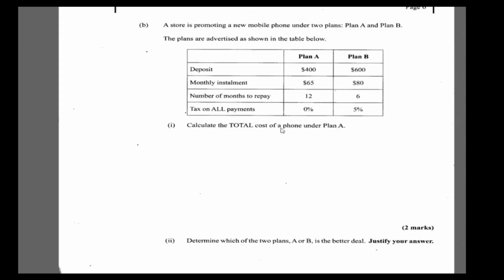To calculate the cost of the phone under Plan A, let's work it out. Cost of phone under Plan A is going to be equal to, firstly, the amount of money that you have to pay for deposit. You have to pay $400 deposit first, plus monthly installment is $65, and you're paying that for 12 months.